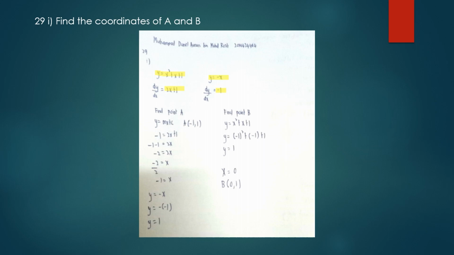We need to find the point A. We need to use y equals mx plus c as the formula, and we will get negative 1 equals 2x plus 1, and then after we evaluate, negative 1 minus 1 equals 2x, and then negative 2 equals 2x, and then negative 2 over 2 equals x, and lastly negative 1 equals x.